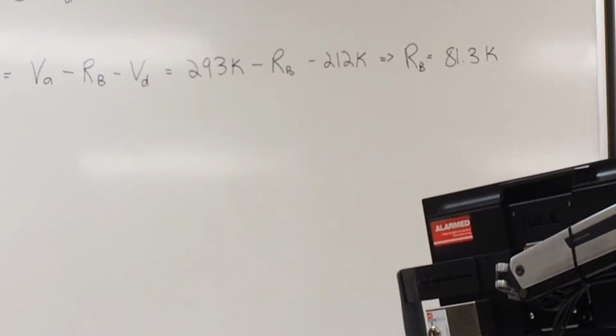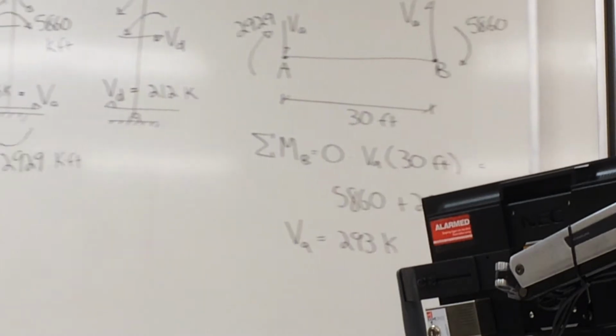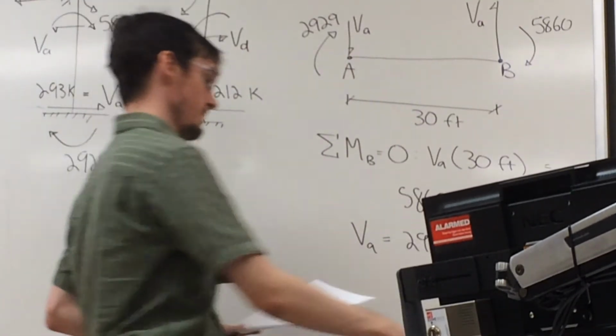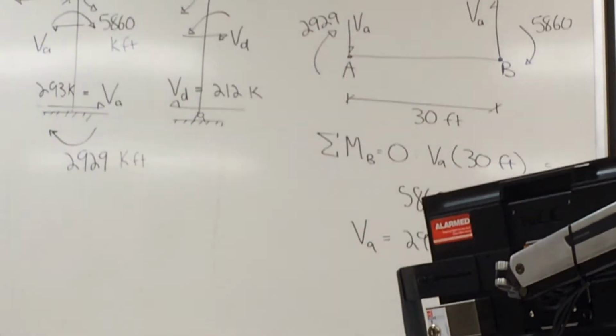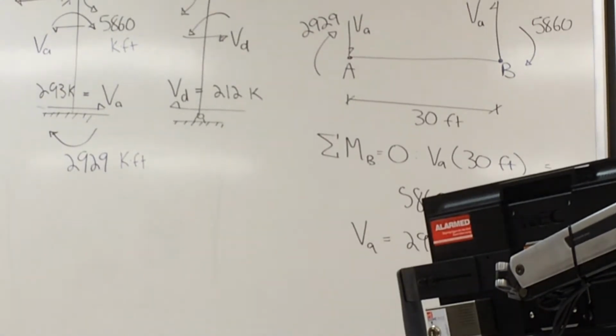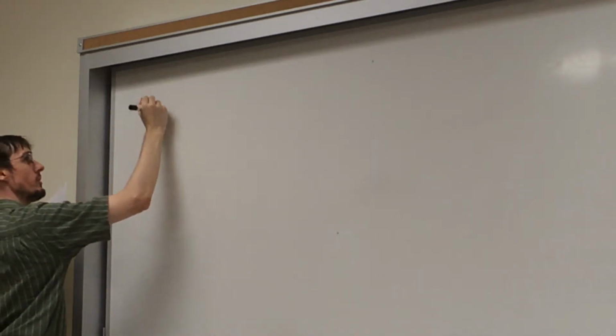So the way we want to solve for this is I'm going to look at what happens if we take this frame and we apply just an arbitrary lateral load to the top.